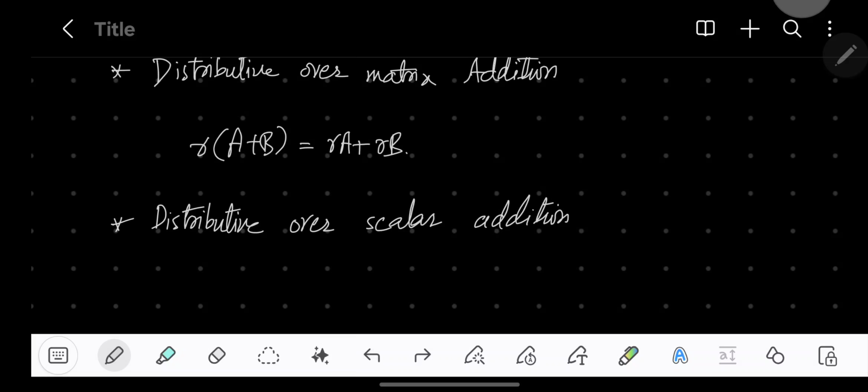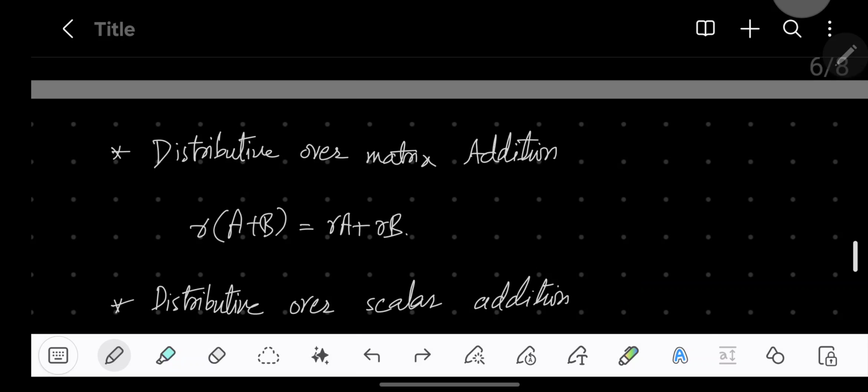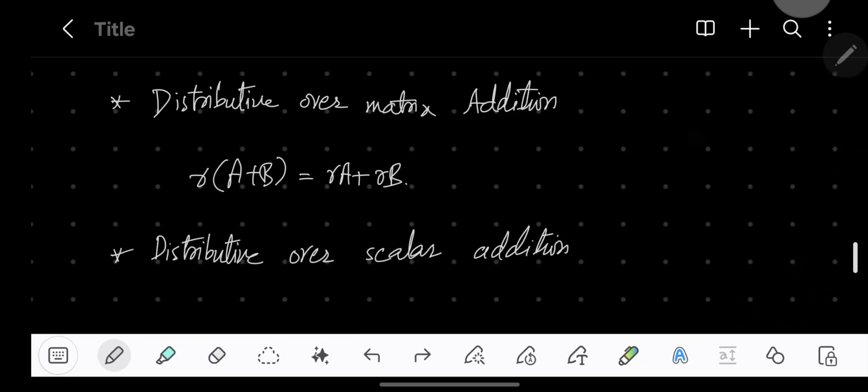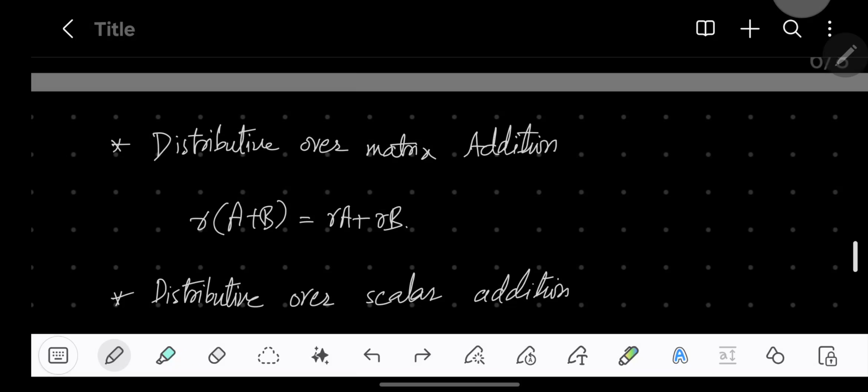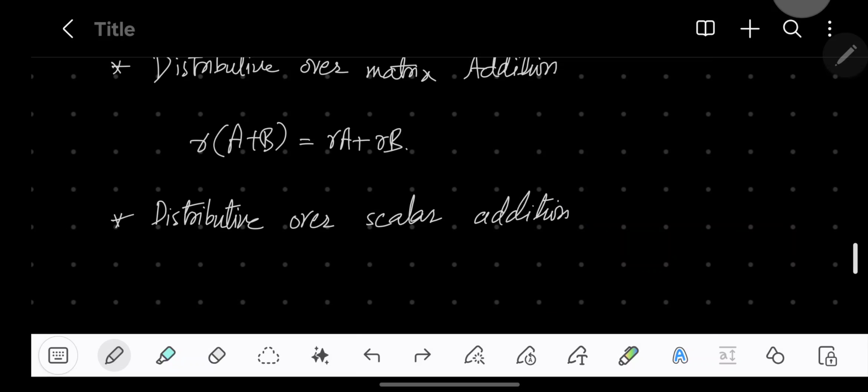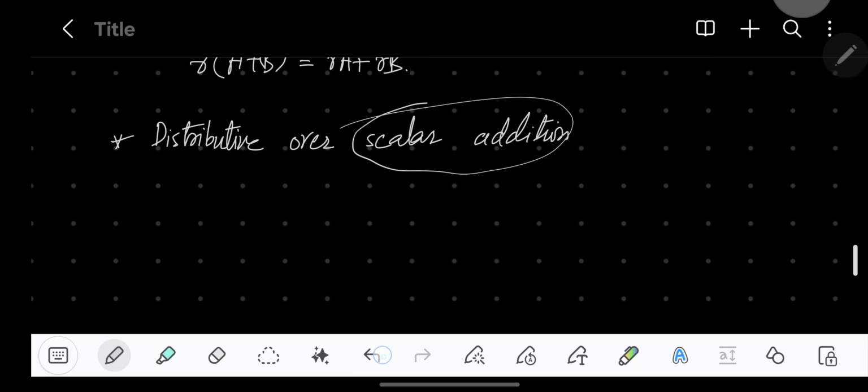The next property is the distributive over scalar addition. What is meant by this? The previous property was the matrix addition and this property is the scalar addition. Previously the matrices were being added, but this time instead of matrices we will add the scalars. Okay?